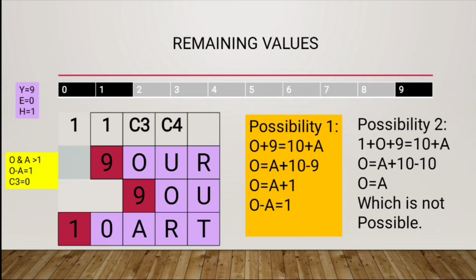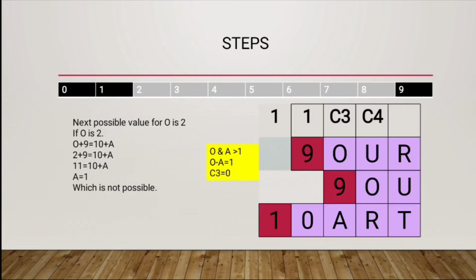And I have another rule, that o minus a is equal to 1, which means that if I assign the o value as 2, the a value should be 1, which is not possible again. So we'll see step by step. And again c3 should be 0, because we have proven in the possibility that the c3 value cannot be 1. I hope you understand this. We'll go to the next slide.